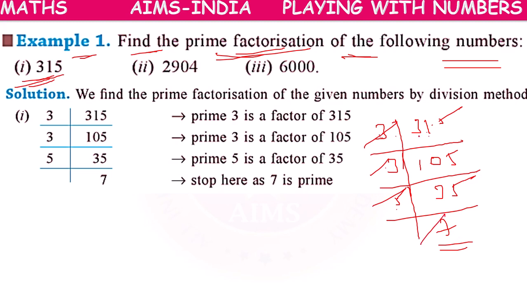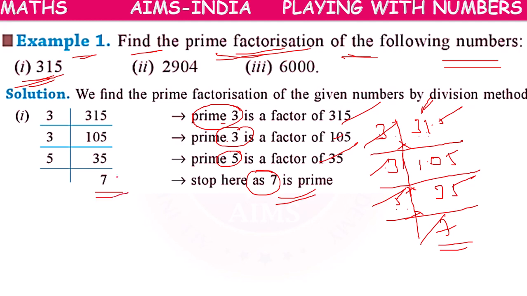Means here 315, first it has been written as a product of 3 into 105, next 3 into 35, next 5 into 7, like that. We have split 315 as a product of prime numbers. So ultimately, which prime numbers did we get? Prime number 3, another prime number 3, prime number 5, prime number 7.